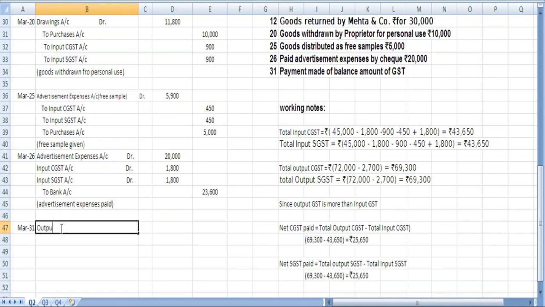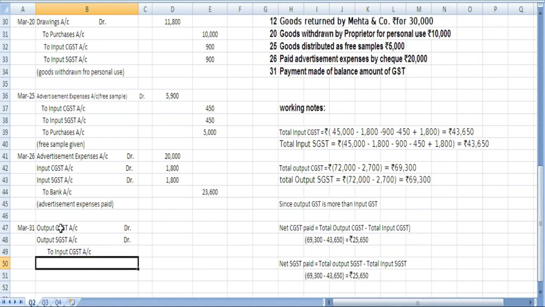The journal entry will be: output CGST account debit, output SGST account debit, to input CGST account, to input SGST account, and the balance has to be paid, so to bank account.